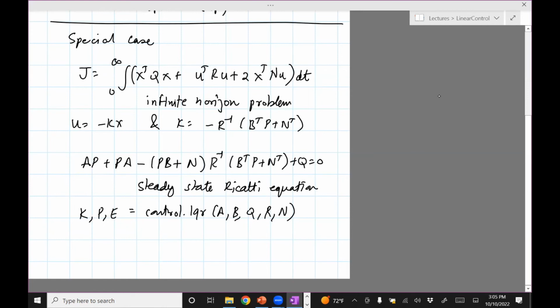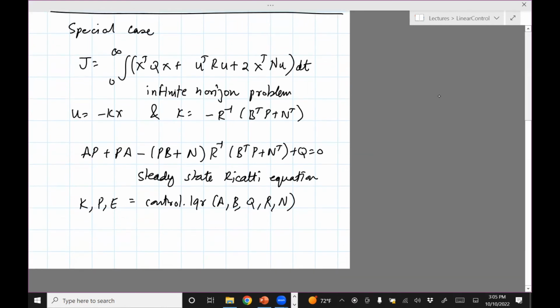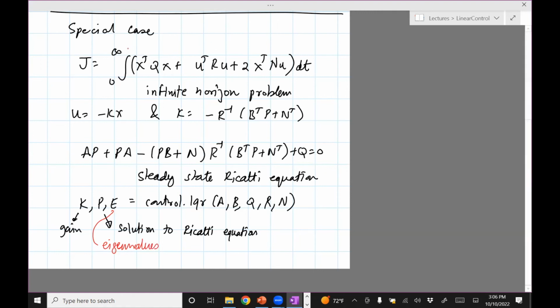So at the minimum, you need to supply A, B, and Q. Then it will give you the gain, the solution to the Riccati equation, and then the eigenvalues of the closed loop system, which is A minus BK. The eigenvalues of this.